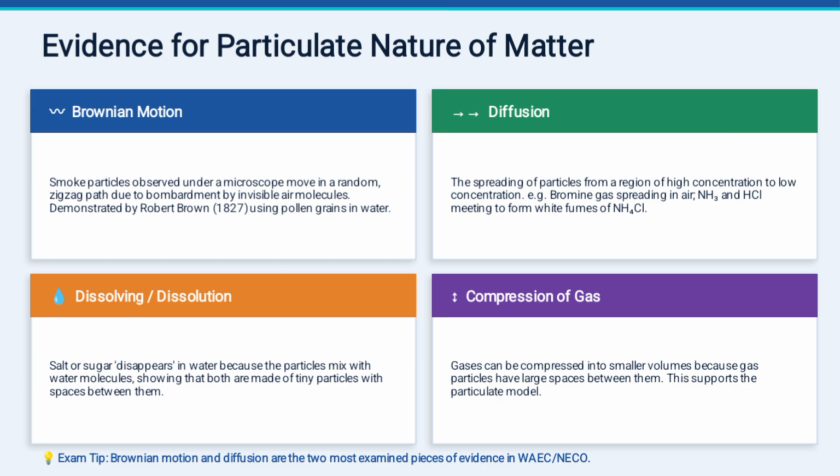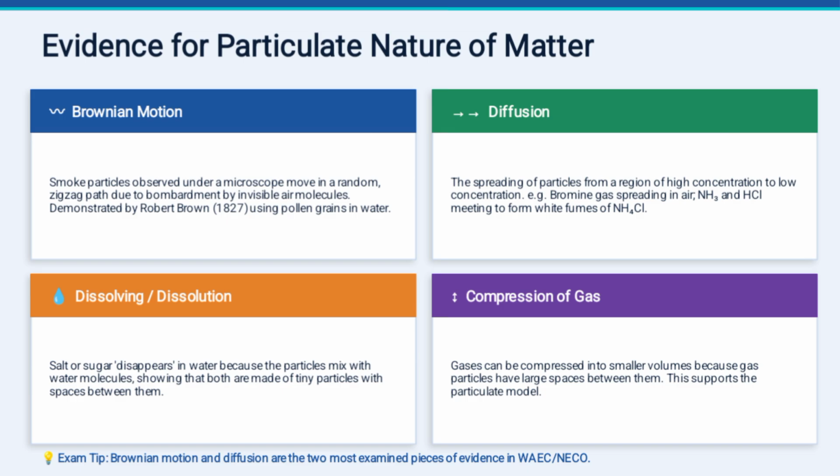Another evidence is dissolution or dissolving. When you dissolve a substance in water, an example is salt, you notice that the salt disappears. That's because particles meet with water molecules, showing that both are made up of tiny particles with spaces between them.